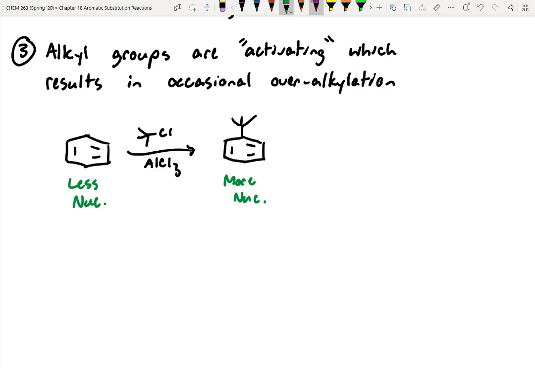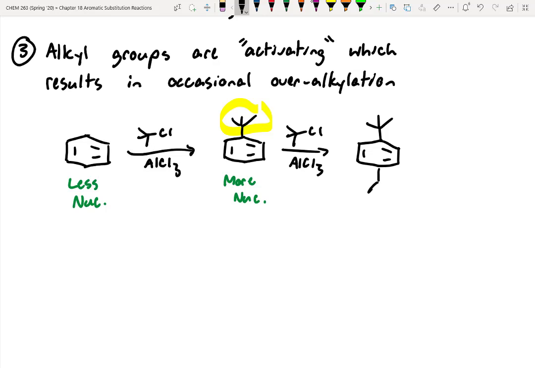The reason it's more nucleophilic is this group actually contributes some electron density to the aromatic ring, therefore making it a slightly better nucleophile, which means that this next reaction, assuming you have any starting material floating around in solution, will occur really, really quickly. Specifically, it will result in ortho or para substitution. In this case, it's going to prefer getting para substituted. Again, we'll talk about this a lot more later.